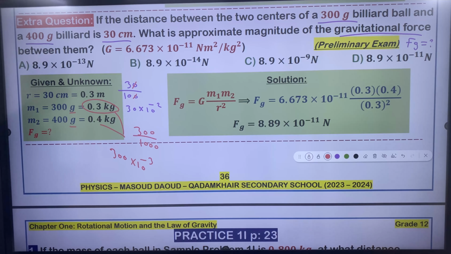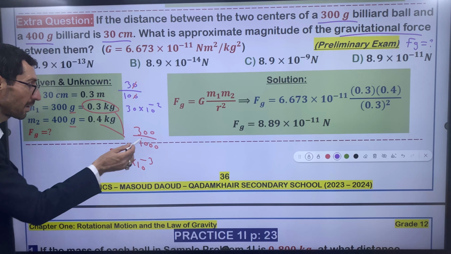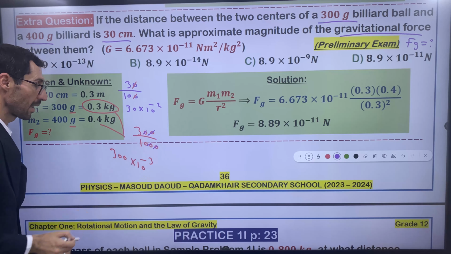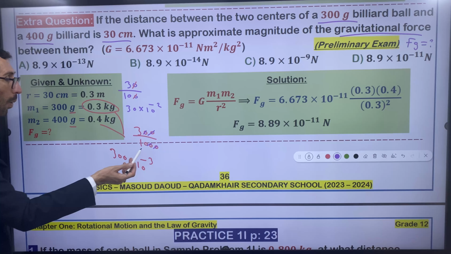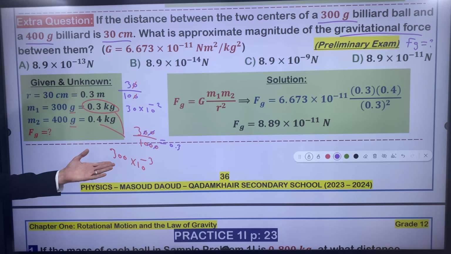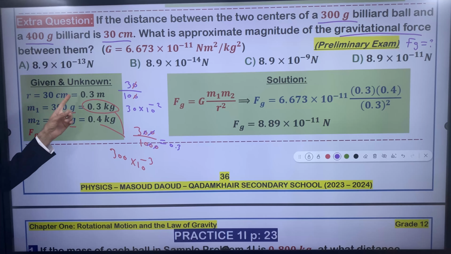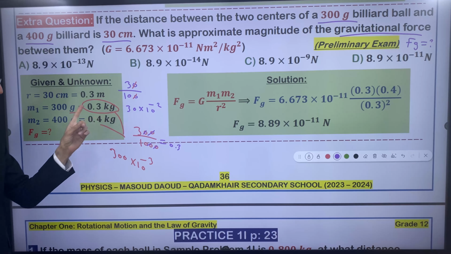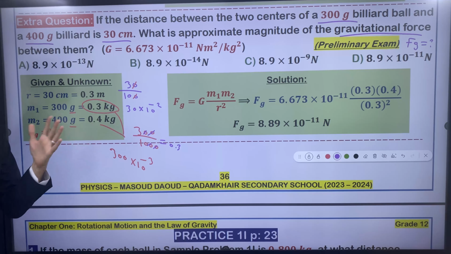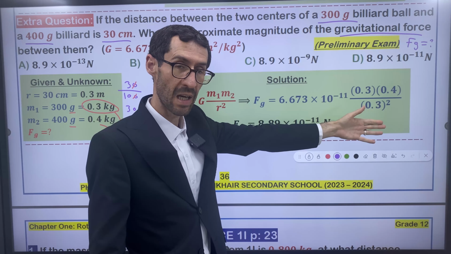It's the same, it doesn't matter. So two zeros cancel, and the answer will be 0.3. Here we have the same thing, and for 400 gram, it's the same. So for R, we divide by 100, but for mass, we divide by 1,000. That's it. So we unified the dimensions.